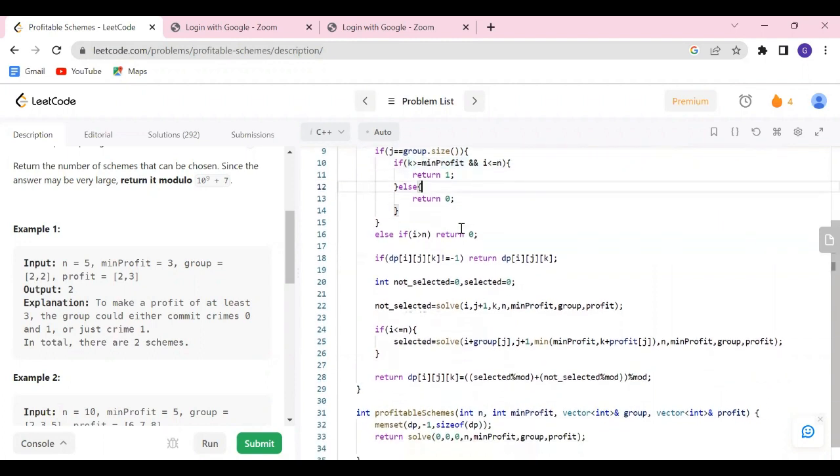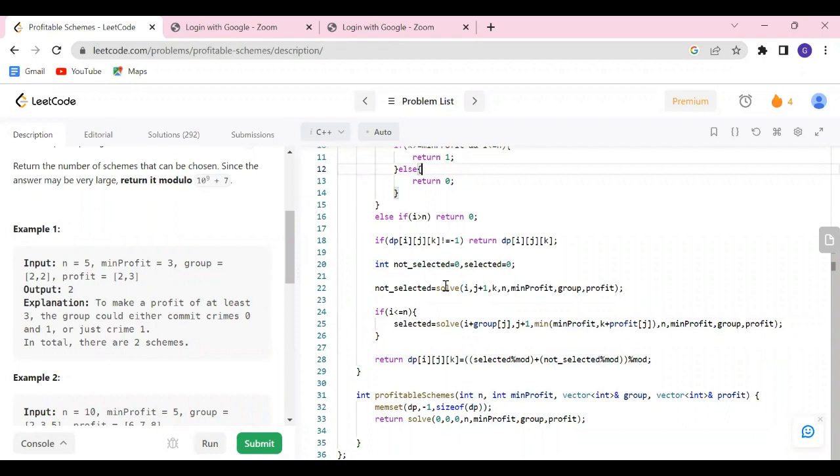Maybe not selecting that particular element can also result in a valid test case. So we have to count both, and finally we'll return selected plus not selected, and mod it by 10 to the power 9 plus 7, to deal with the large answers.